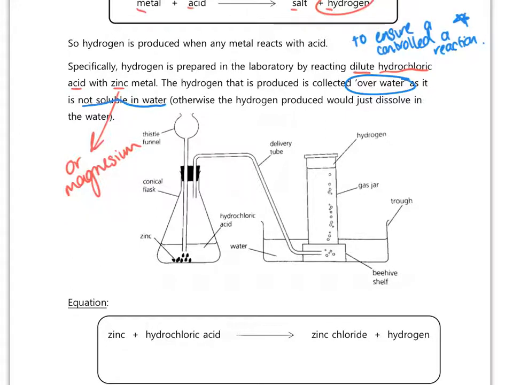So have a look at the apparatus here. This is apparatus that you need to learn. It's apparatus that you could be asked to draw or to complete, or quite often it's given to you but you have to label the different pieces of apparatus. So what we've got is the reaction happening in this conical flask. This thistle funnel here, quite often it would have a little tap where you can control what you're adding in.